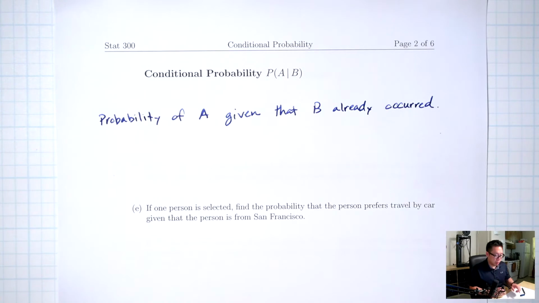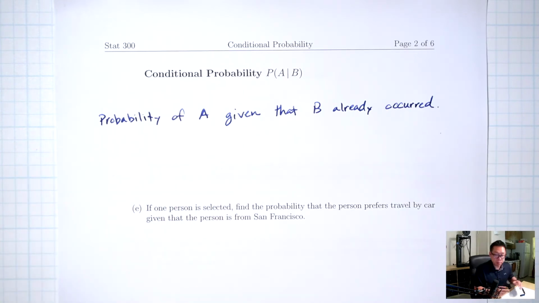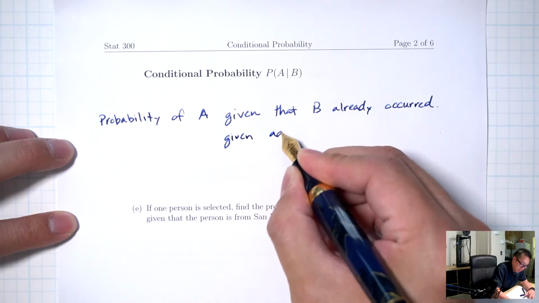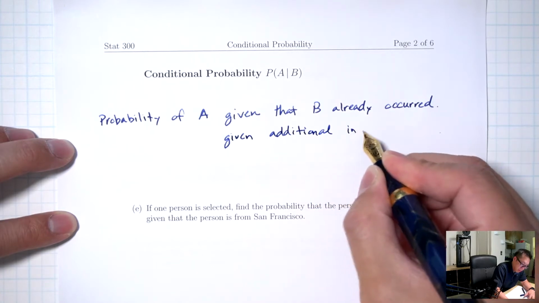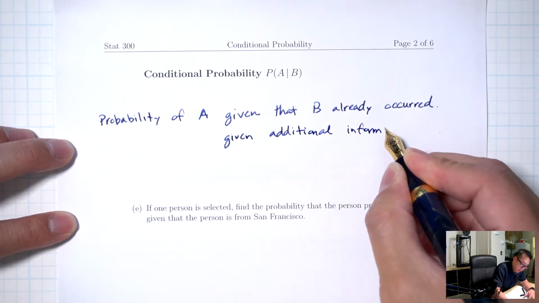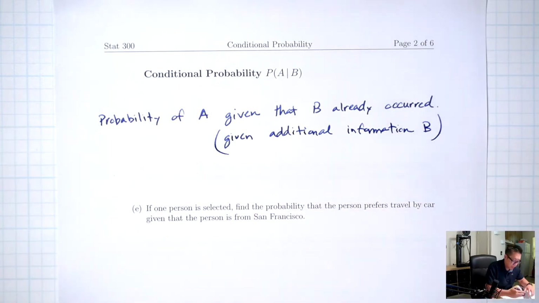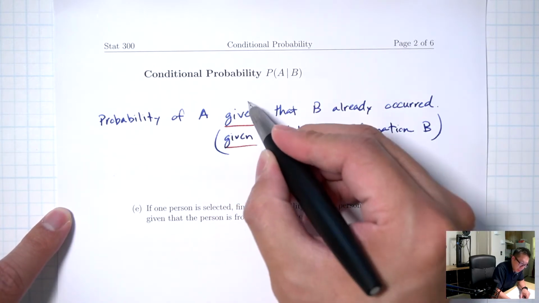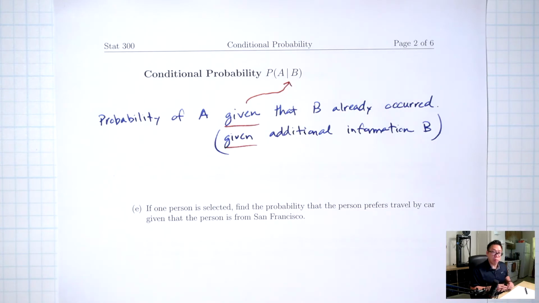Another way you can read this is probability of A given that we have additional information B. Once again, this vertical line stands for the word "given". And that's the key word you'll be looking for.